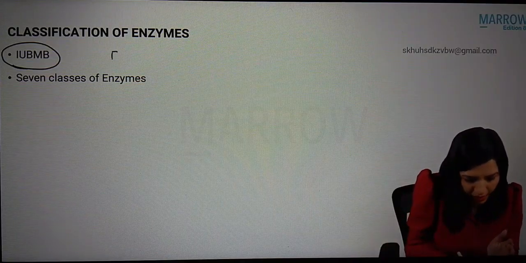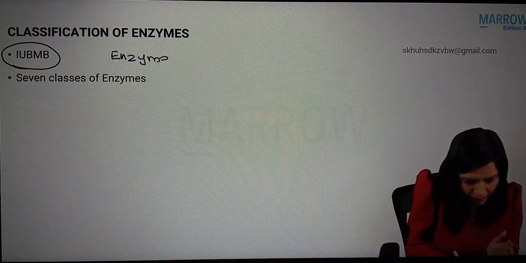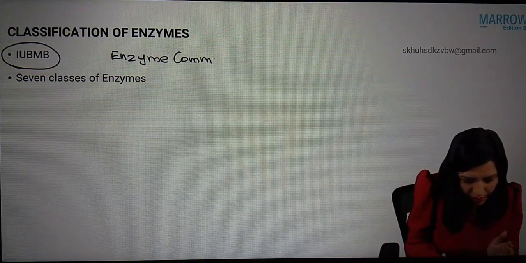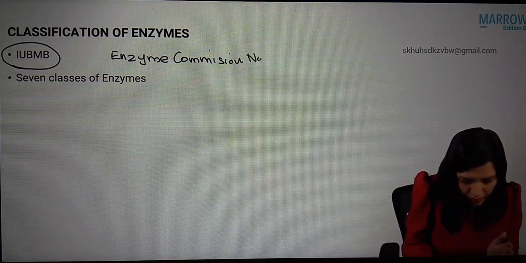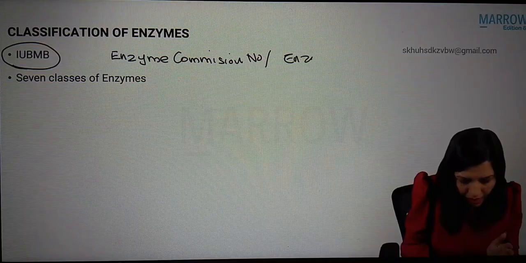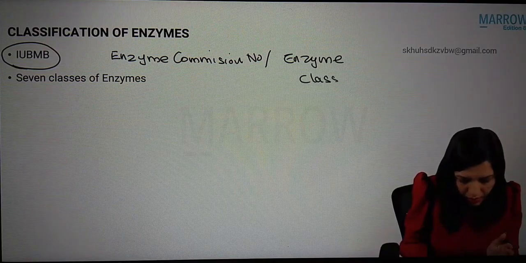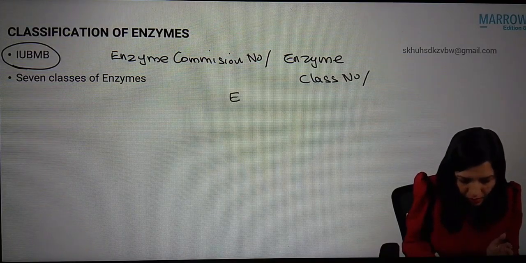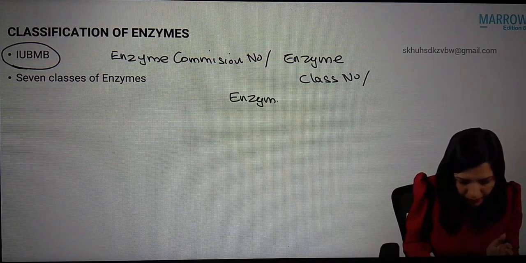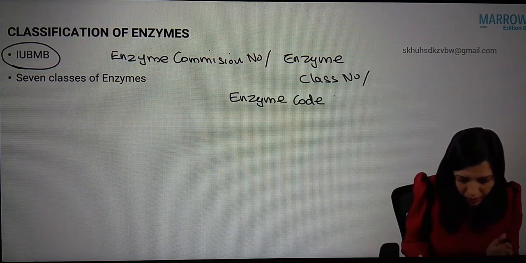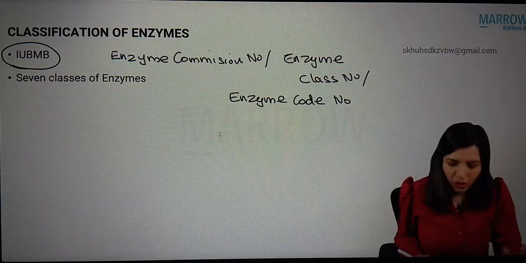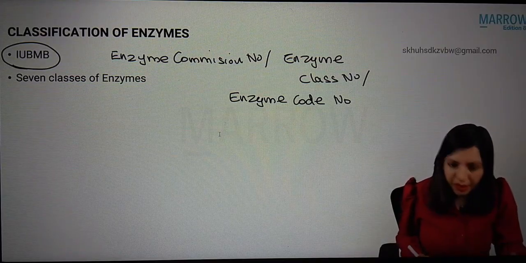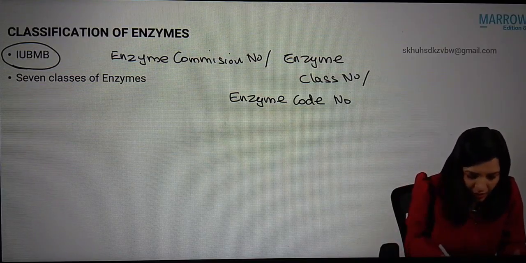This is called the enzyme commission number, or enzyme class number, or it is called the enzyme code number. This enzyme code number has 4 digits.